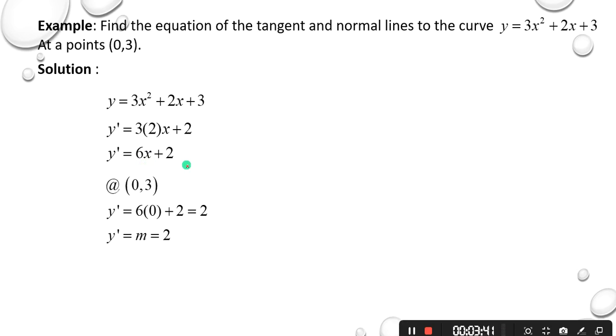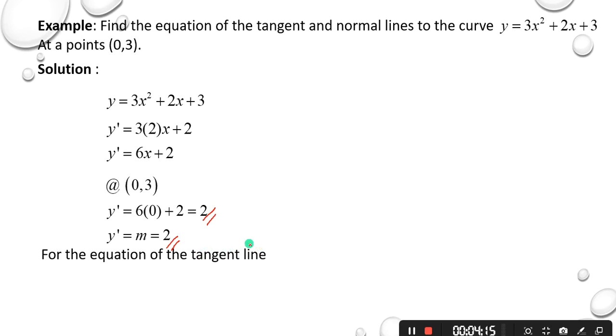At (0, 3), which is the point where the tangent and normal lines occur, we plug in the value of x, 0, into the first derivative: y prime equals 6 times 0 plus 2, which gives us 2. This y prime is m, or the value 2.